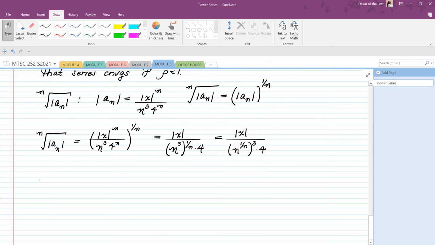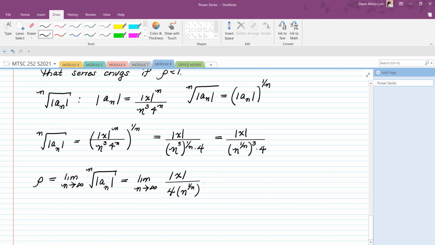Therefore rho is the limit as n approaches infinity of the absolute value of x over 4 times n to the 1 over n cubed. And luckily we remember that n to the 1 over n goes to 1, so this just becomes the absolute value of x divided by 4.